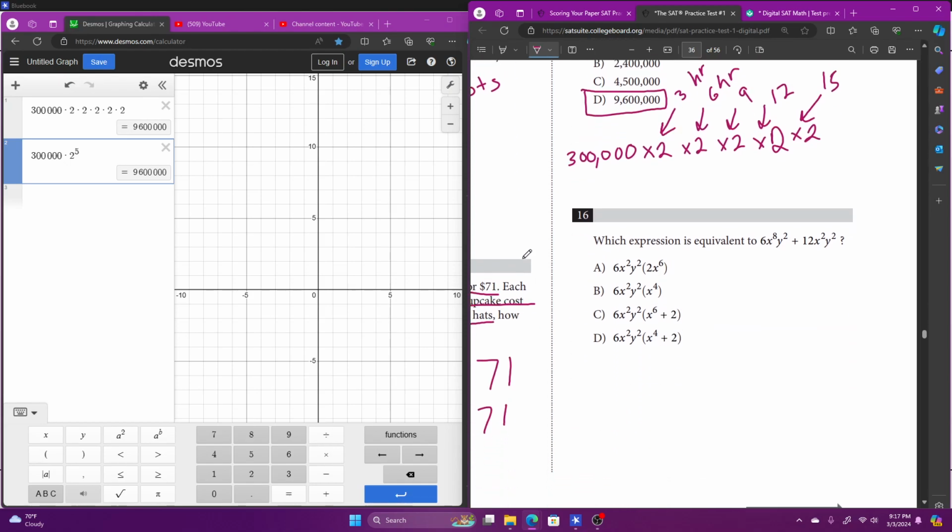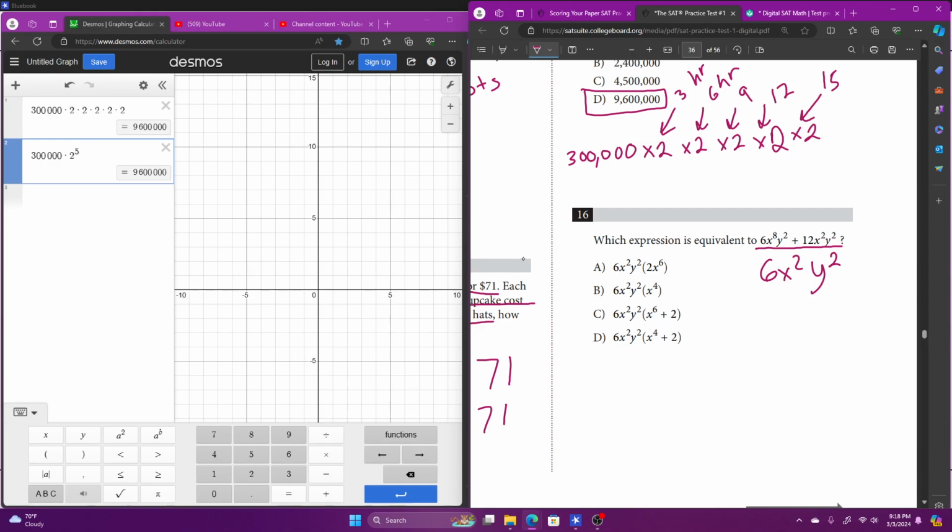And then moving on to question 16, which expression is equivalent to 6x to the power of 8 y squared plus 12x squared y squared? And when you look at the answer choices, you can see that they factored out 6x squared y squared. It's the same on all of them. So when they factor that out, that's the same thing as dividing this by 6x squared y squared.